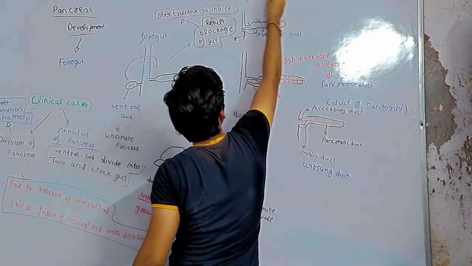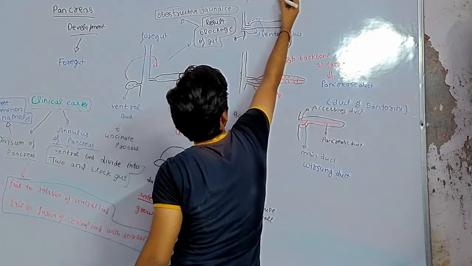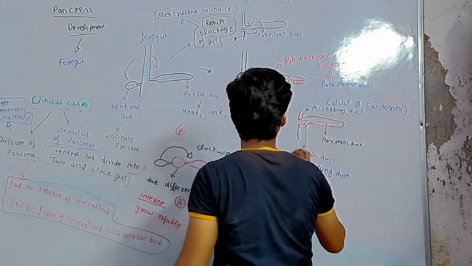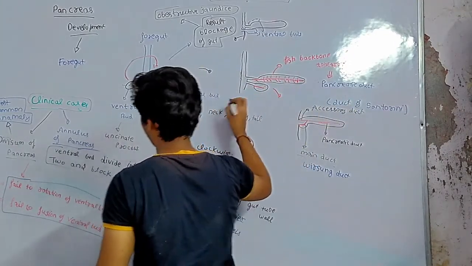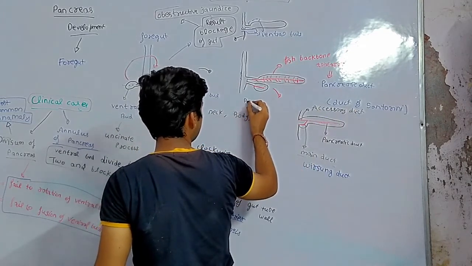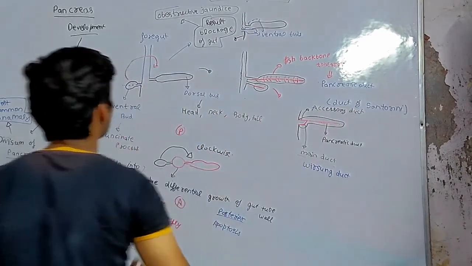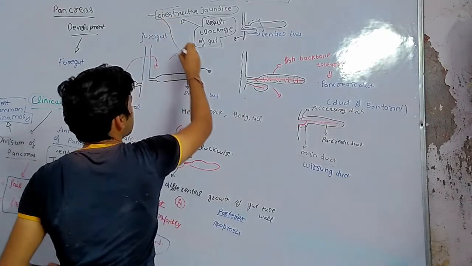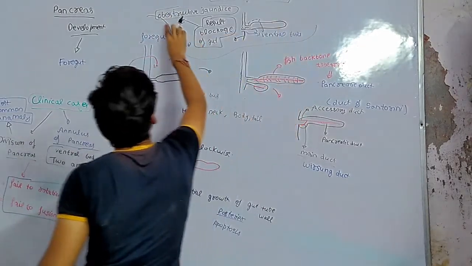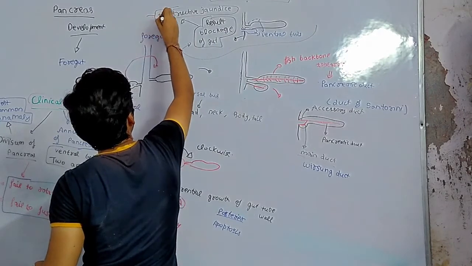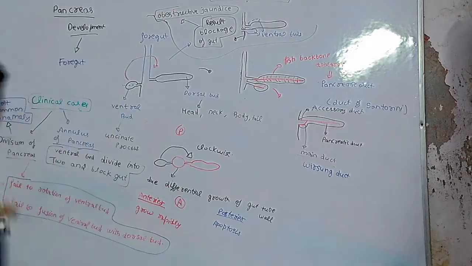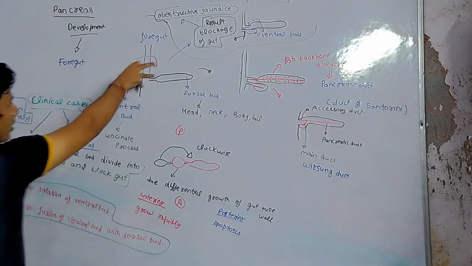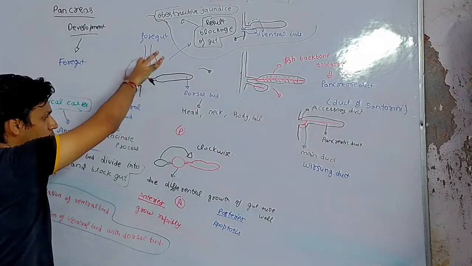These are related to development, and if it is not fused, this is which condition? Pancreatic division. So this is annulus of pancreas and this is pancreatic division. This is development. How does it develop? Ventral gut, two buds from dorsal and ventral.